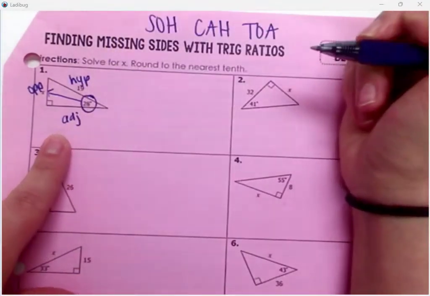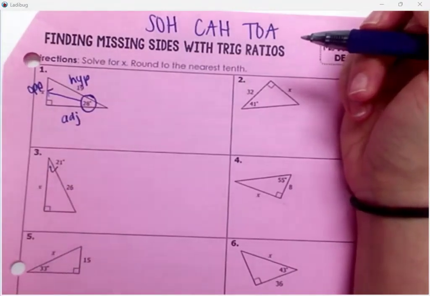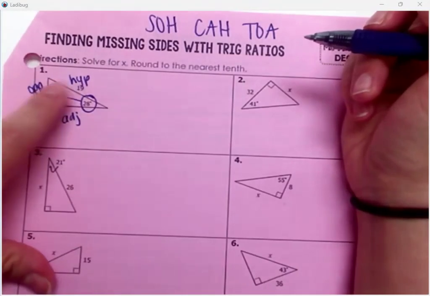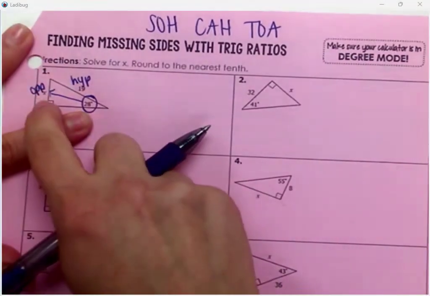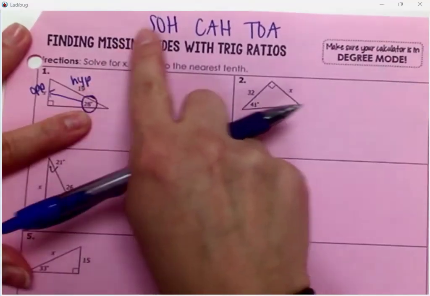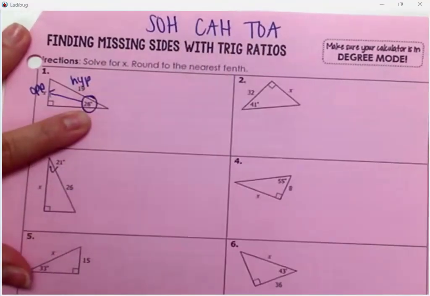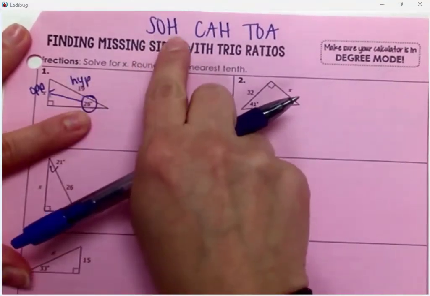Now, in order to solve for x, I need to figure out which trig function to use. Well, I got an x and a 19, so I'm not even using this side. So if I am given the opposite and the hypotenuse, do I use sine, cosine, or tangent? Sine, because it's giving me the opposite and the hypotenuse.